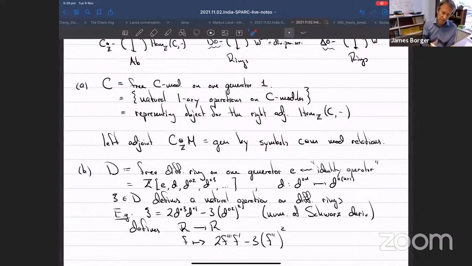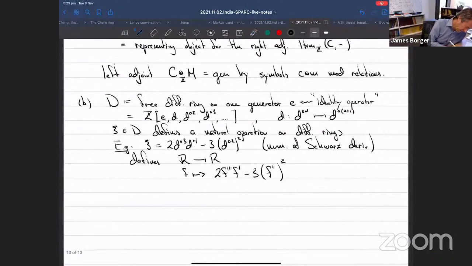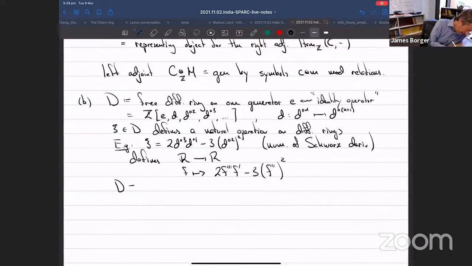So now we have addition, multiplication, and composition of operators. So you see this right here. Okay, so it's a little exercise to show that D is the same thing as the natural one area operations on differential rings.